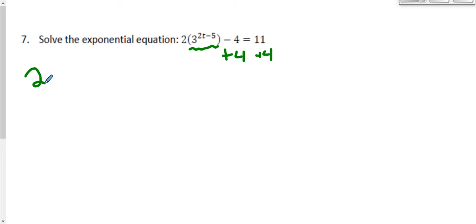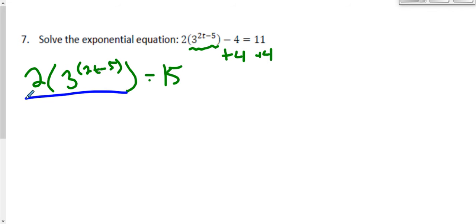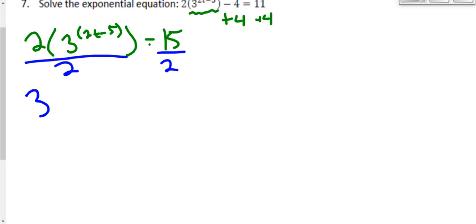I get 2 times 3 to the 2t minus 5 equals 15. And then I'm going to divide both sides by 2 to get the exponential function all by itself. So I'll get 3 to the 2t minus 5 power equals 15 over 2, which I can do as 7.5 if I want to, because I can already tell that this is not going to be a very pretty answer.